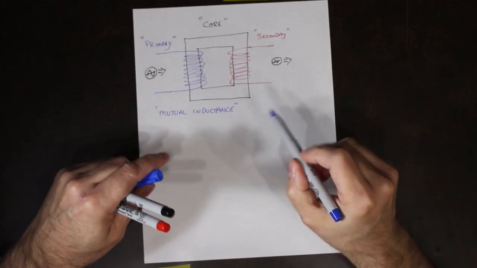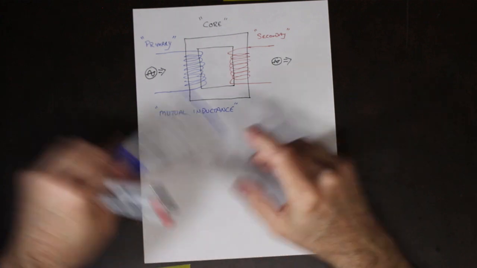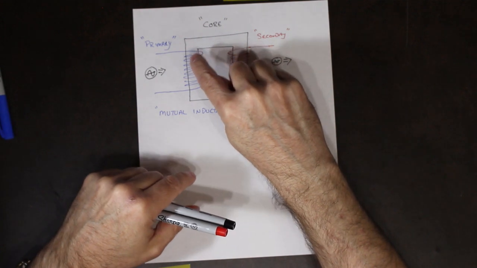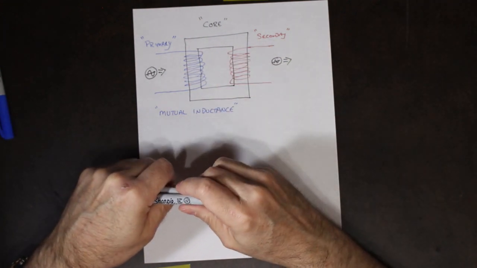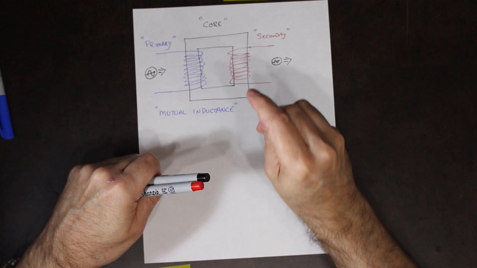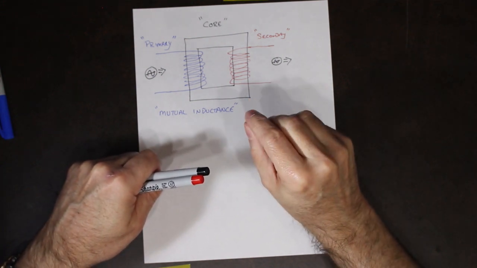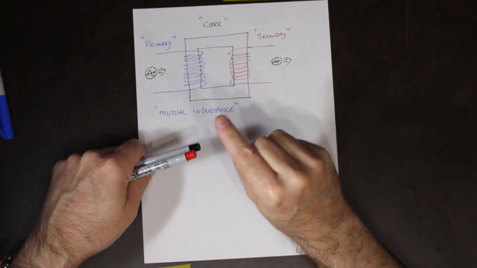So how does the magnetic field actually work? Well, one of the properties of an electrical conductor is that when you put current through the conductor, a magnetic field is actually generated around that conductor.